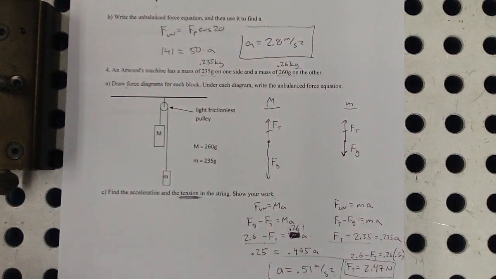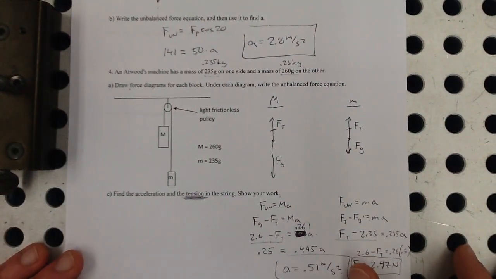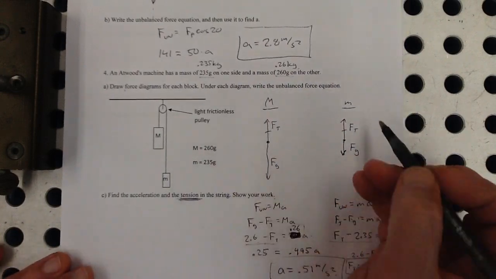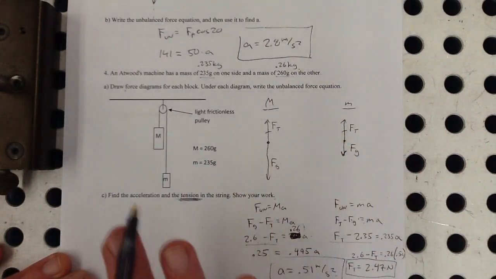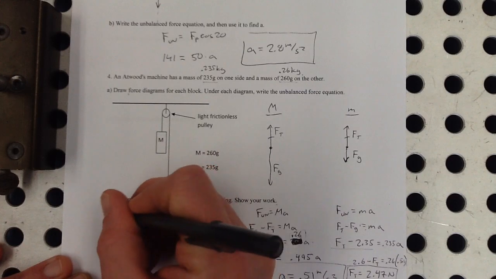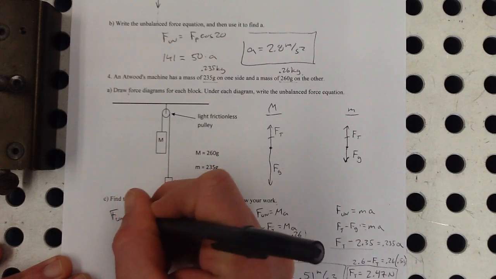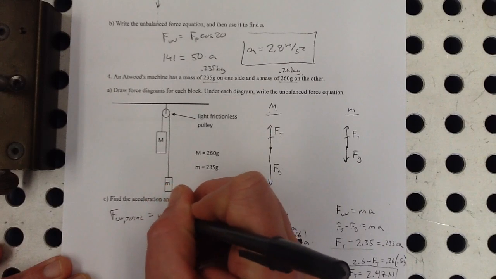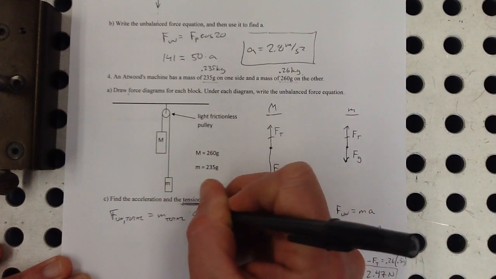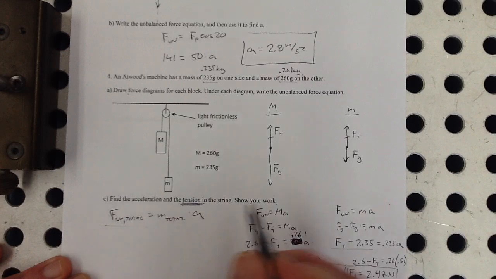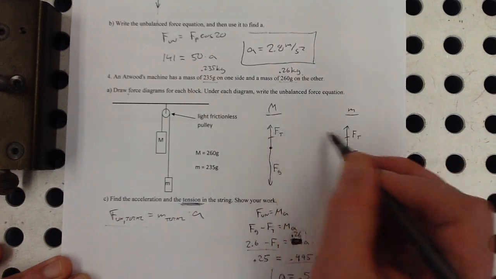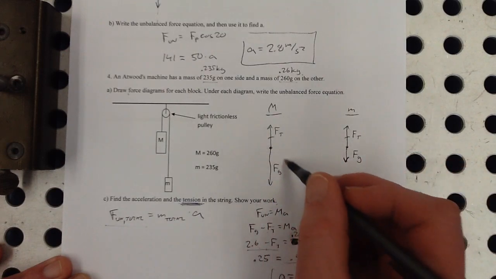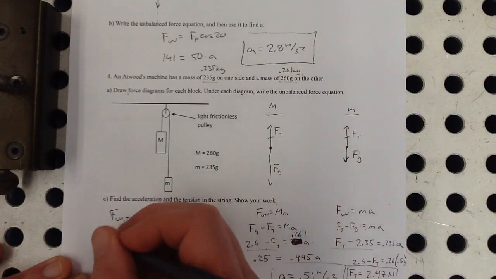And then, as promised, the shortcut method would be if you look at your two force diagrams and you're like, okay, I'm going to just write the total unbalanced force is equal to total mass times acceleration. So total unbalanced force, the tension's going to cancel out, and I have this gravitational force minus this one.